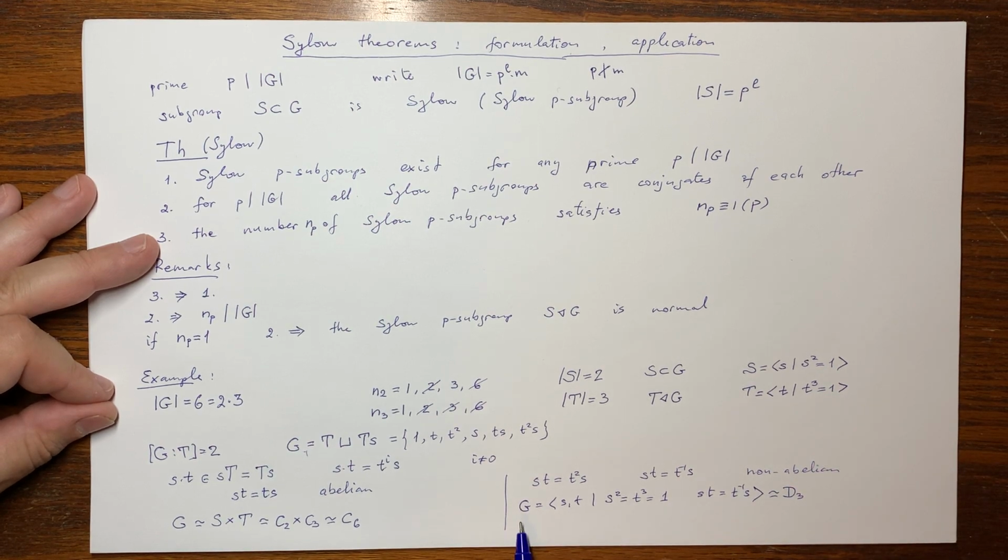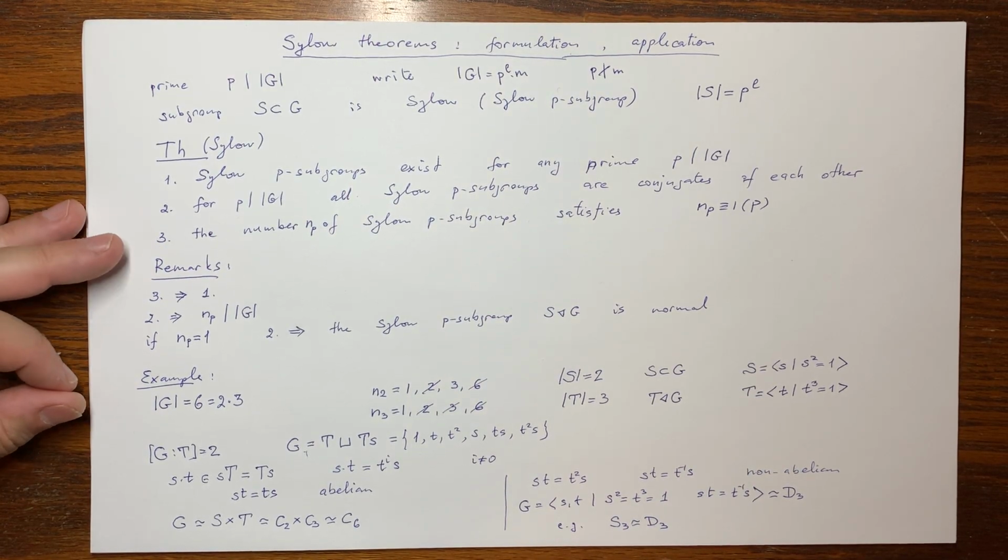So what we proved is for a group of order 6, it can have only 2 possibilities. It can be either abelian and then cyclic, or non-abelian and then identifiable with the dihedral group. And in particular, if we take the group S3, which is of order 6 and is non-abelian, so it cannot be this case, it has to be isomorphic to D3, and that is an abstract proof of existence of such isomorphism.